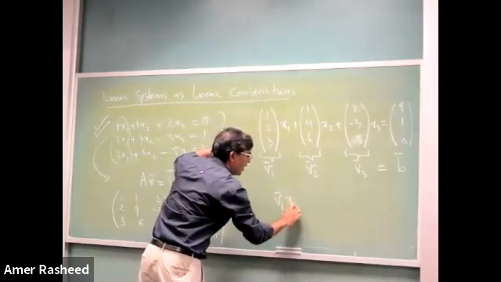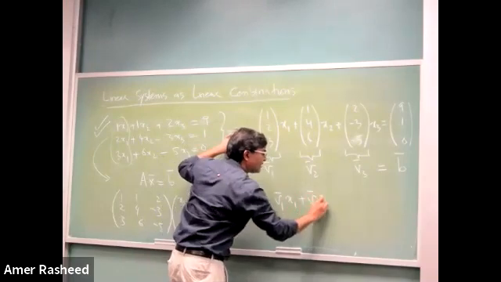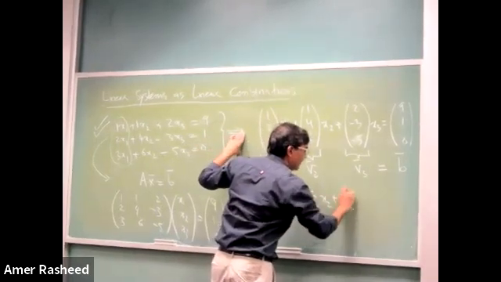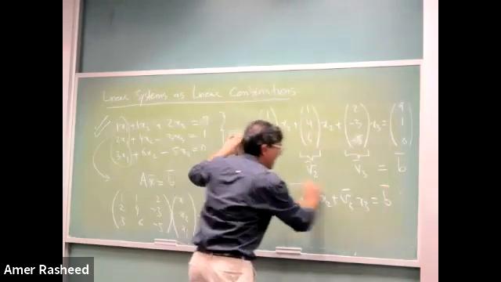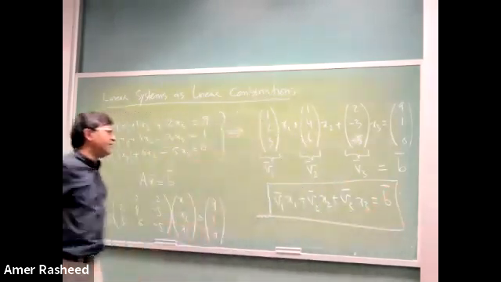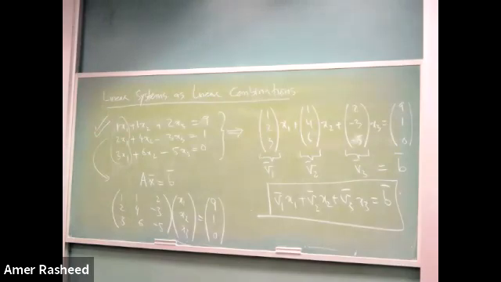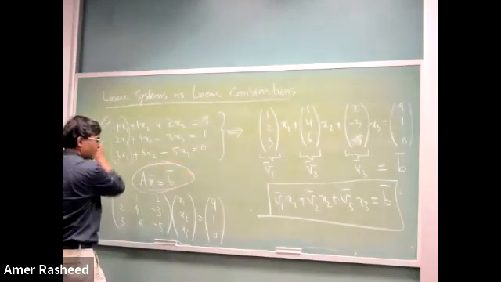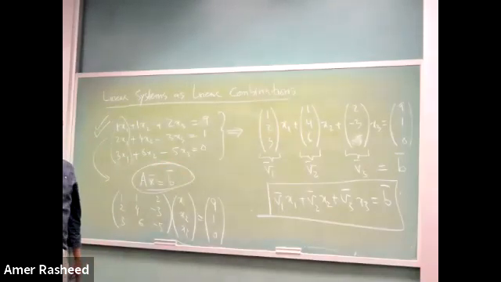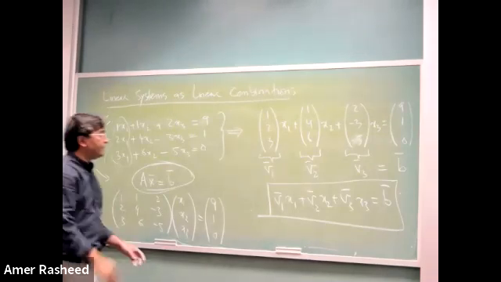V1 vector x1 plus V2 vector x2 plus V3 vector x3 equal to B vector. So now a non-homogeneous linear system can be written in this form, which is entirely different from this matrix form. Okay? I hope you get it.